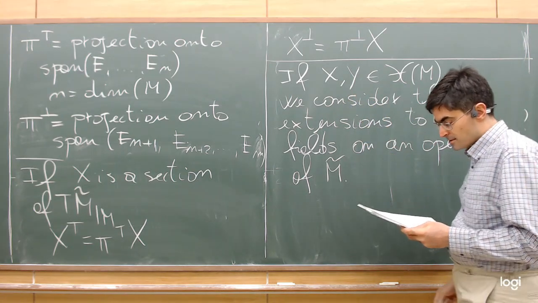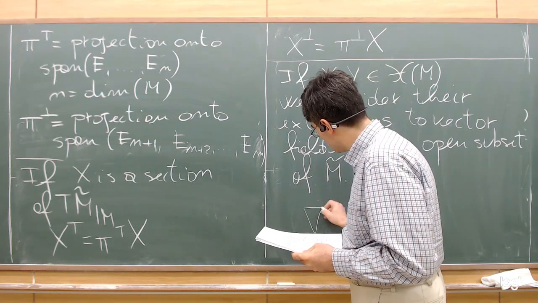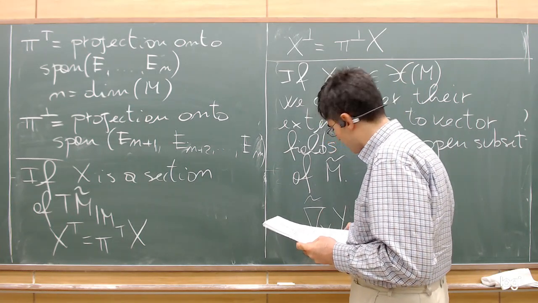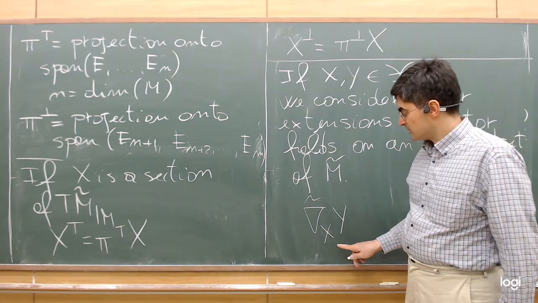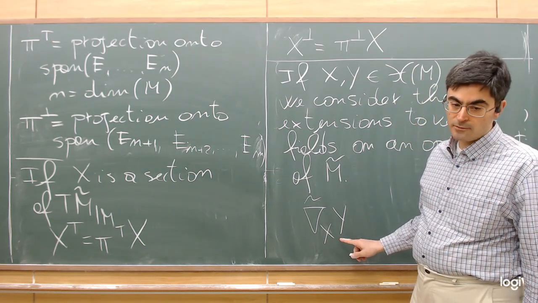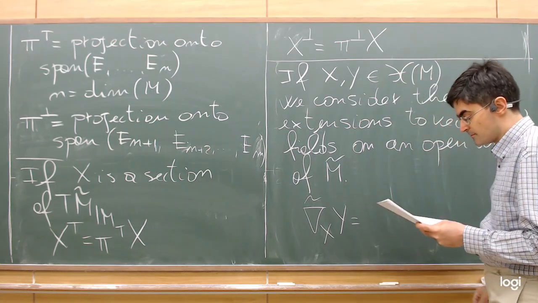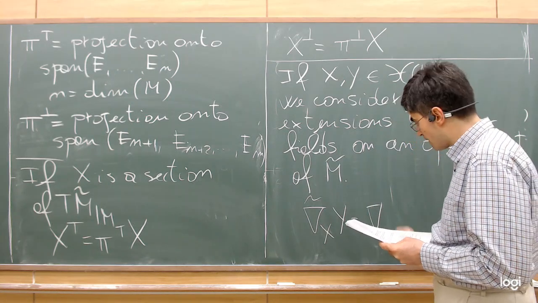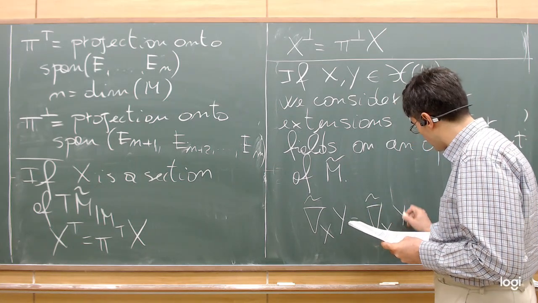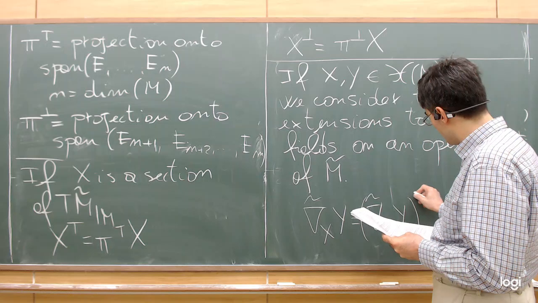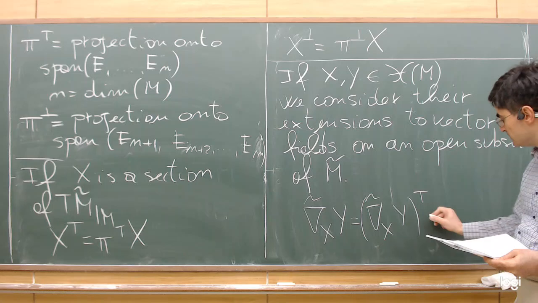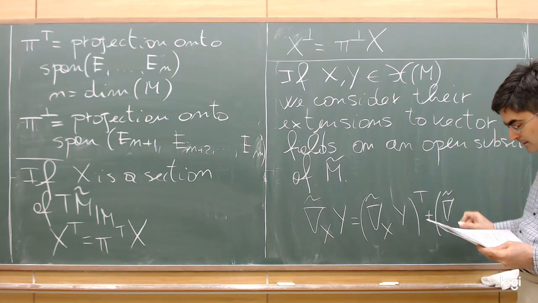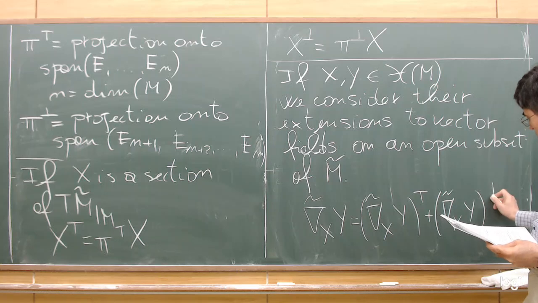Then it makes sense to compute this covariant derivative, and it is clear that if we look at points of M, this decomposes as follows: nabla tilde of y in the direction of x tangential plus nabla tilde x y orthogonal.